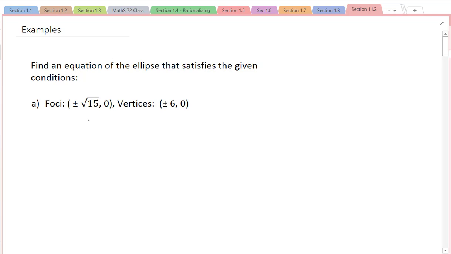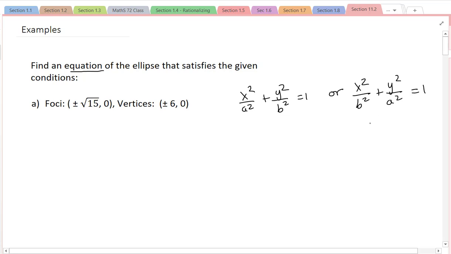So we're given the foci and the vertices, which means we want to find the equation of the ellipse, right? So the equation of an ellipse is either x squared over a squared plus y squared over b squared equals 1, if the major axis is horizontal, or x squared over b squared plus y squared over a squared equals 1 if the major axis is vertical.